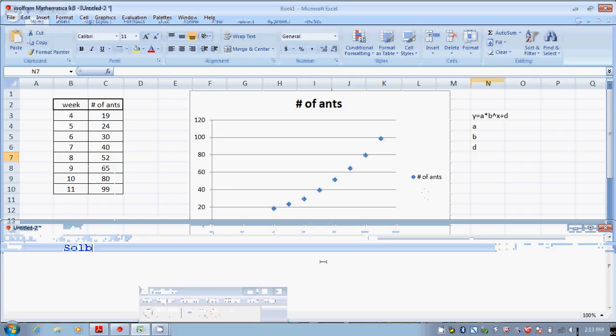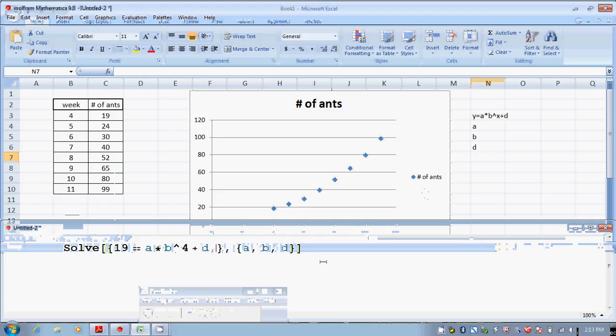So I'm going to start my Solve command, and in the first brackets I'm going to put my equations, in the second brackets my parameters, my a, my b, and my d. The equation I get from week 4 is 19 equals a times b raised to the 4th power plus d.